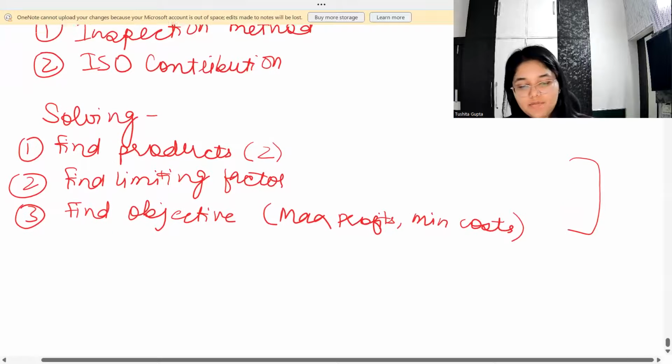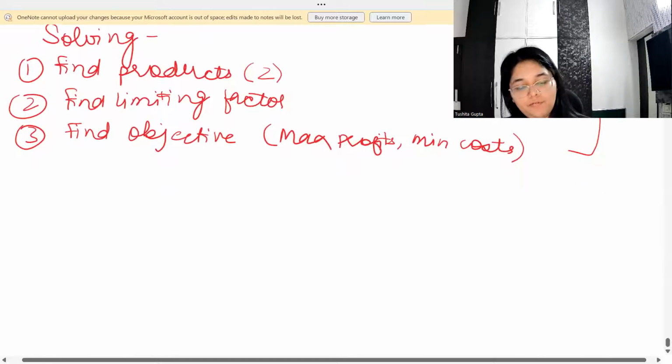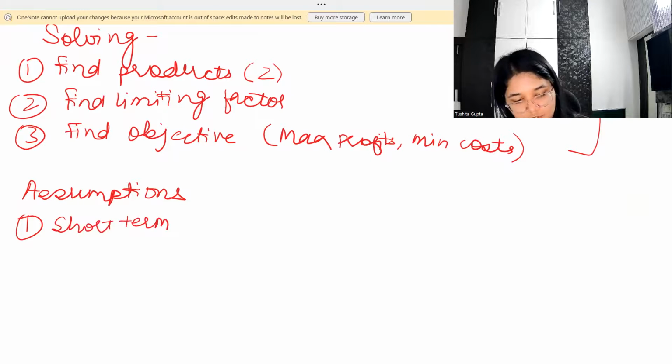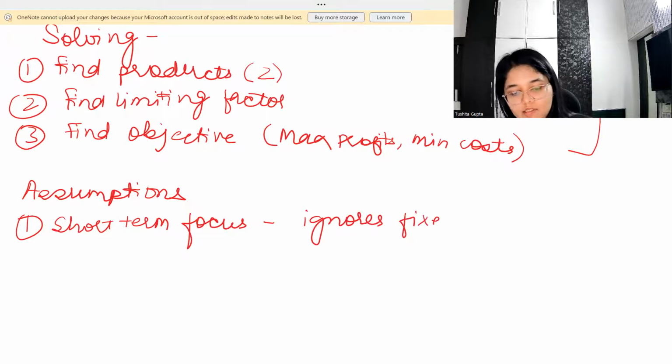Now since we have discussed assumptions for the previous models also, let's also discuss what are the assumptions over here in linear programming. Again, one common assumption which remains is that this is a short-term focus. Why is that? Because it ignores fixed costs.